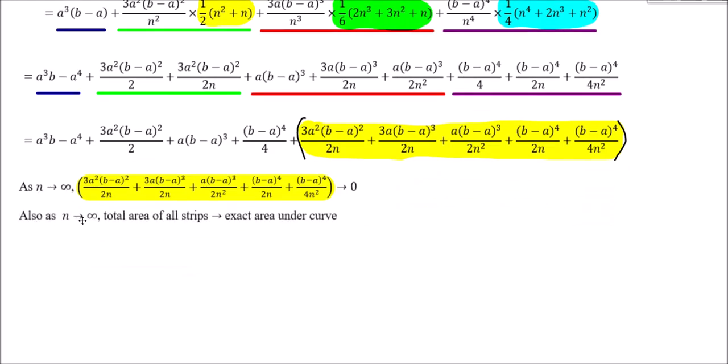Also, as n goes towards infinity, as the number of strips becomes infinite, the total area of all those strips will tend towards being the exact area under the curve.